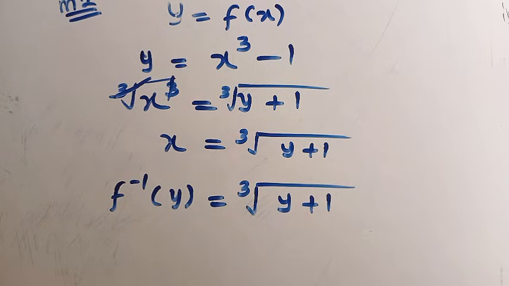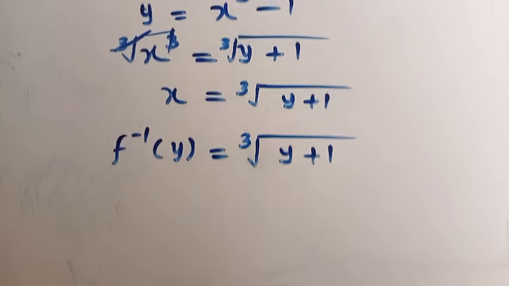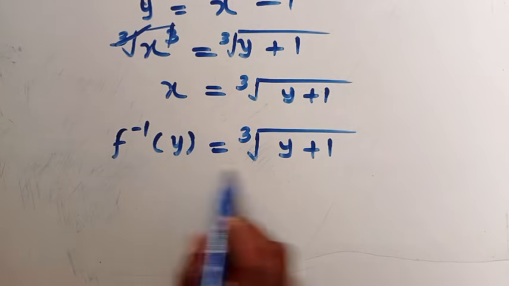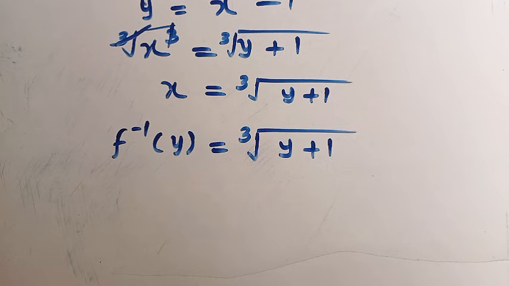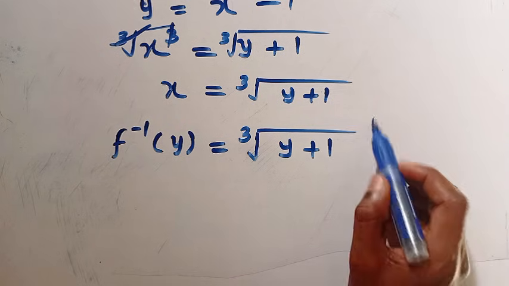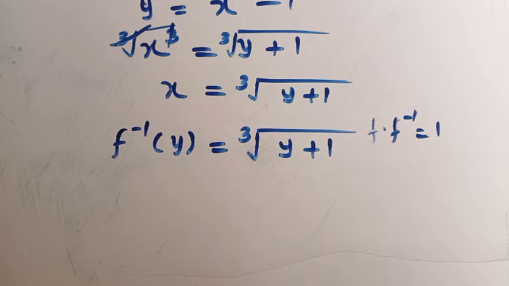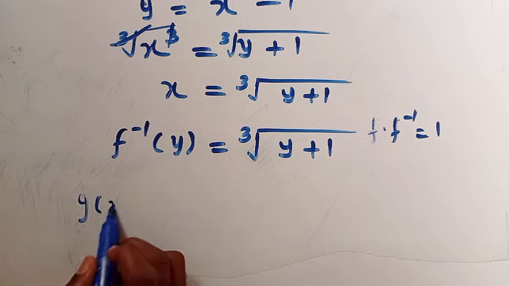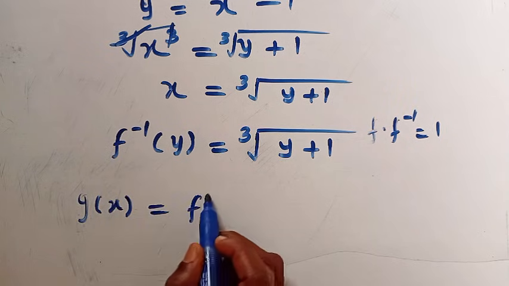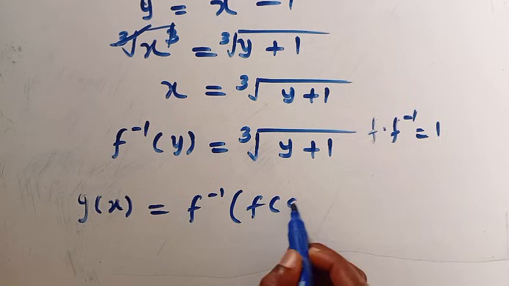And we can change this to x again, then we have f inverse of x equals the cube root of x plus 1. But this is not where we are going. I want to get f of x. How does this connect? Note that f multiplied by f inverse equals 1. And I can manipulate g of x to be f inverse of f of g of x.